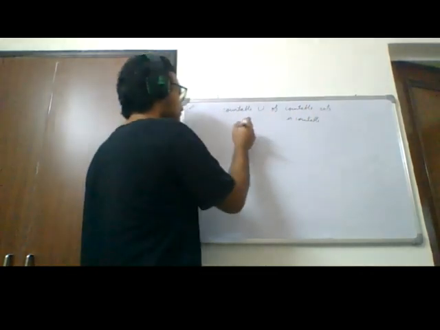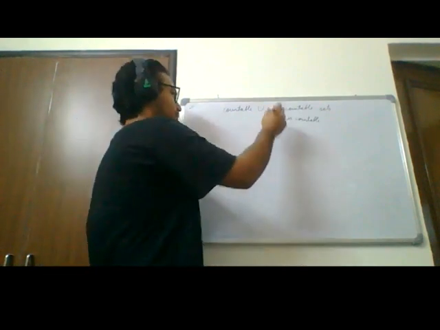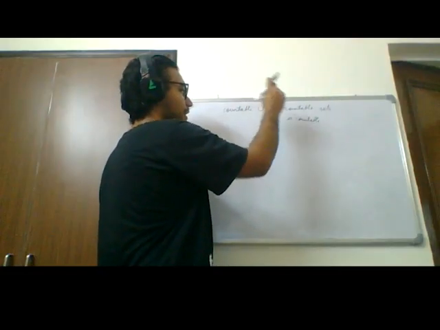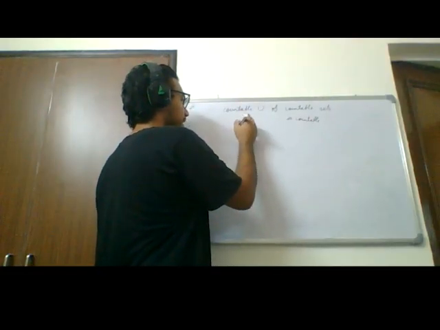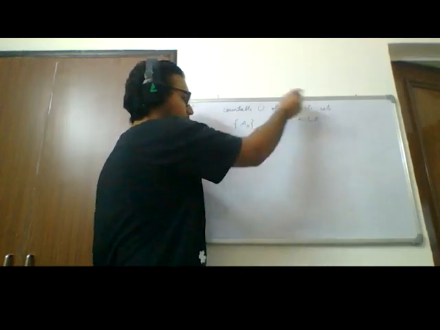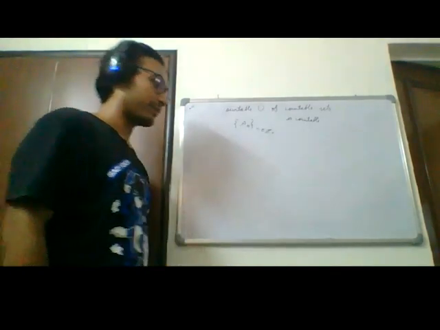Essentially, we have a countable collection of countable sets. Let's call that A_n. That's given to us. That's how we define a collection, Cartesian product, almost the same thing.